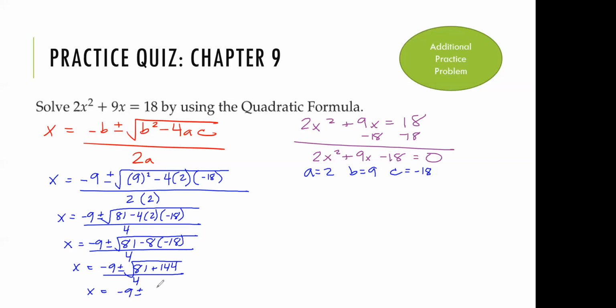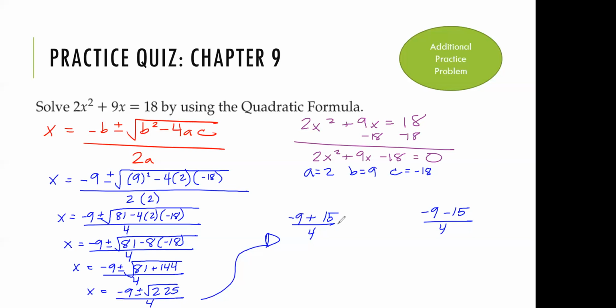When I add 81 and 144, I end up with 225. I'll continue that over here. The square root of 225 is 15, so plus or minus 15. This would be negative 9 plus 15 divided by 4, or negative 9 minus 15 divided by 4. I'm going to solve each one of those.